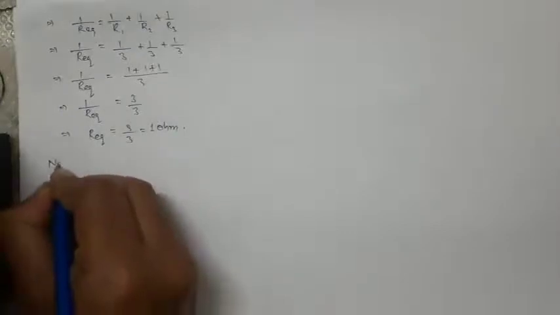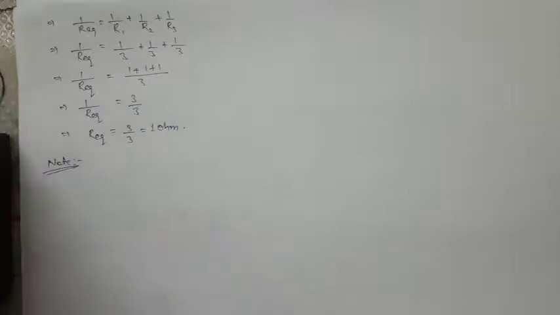So that is the solution of your question. Now we are discussing the next part of the chapter. Before that, I will tell you one thing. Resistance is the hindrance of current, meaning resistance opposes the flow of current. We all know that.